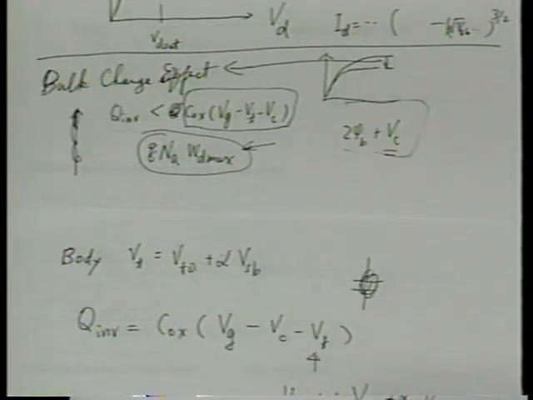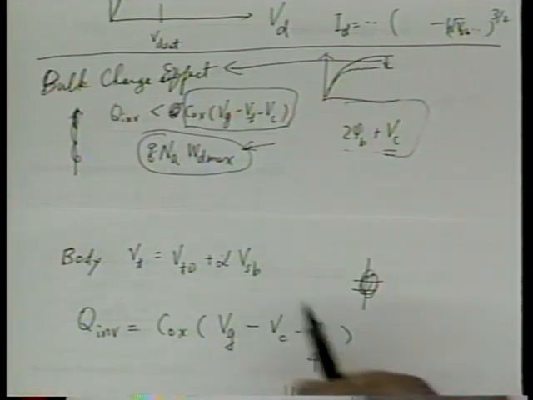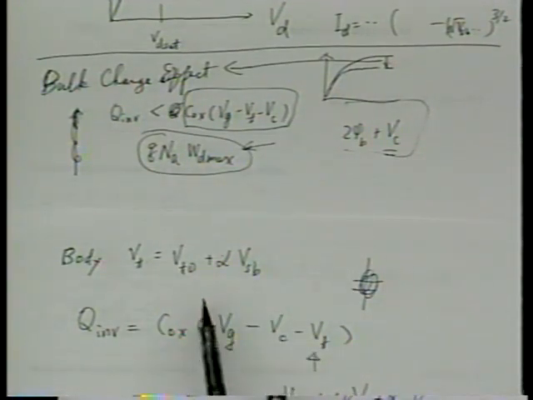Maybe I should not call it source anymore. In the case of the transistor, when the channel potential is not equal to the source potential, the Vt should be equal to Vt0 plus alpha times Vcb. Can you see that?